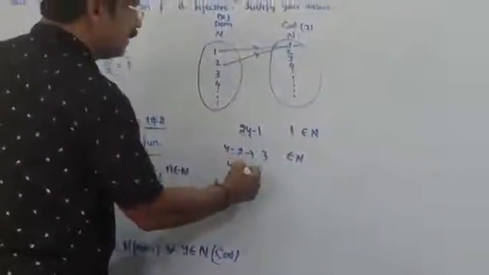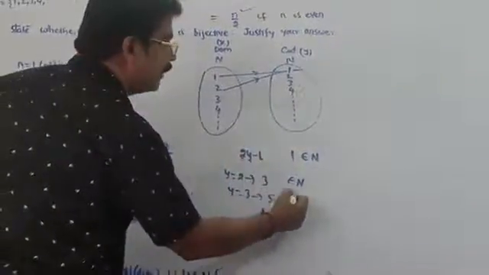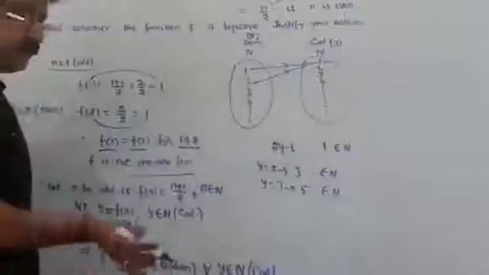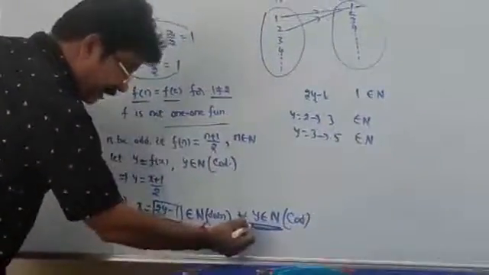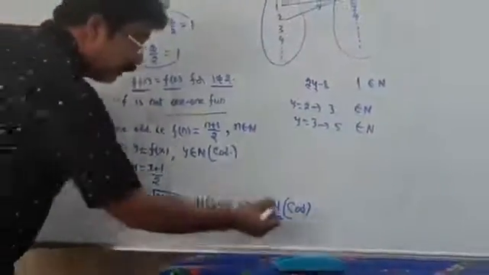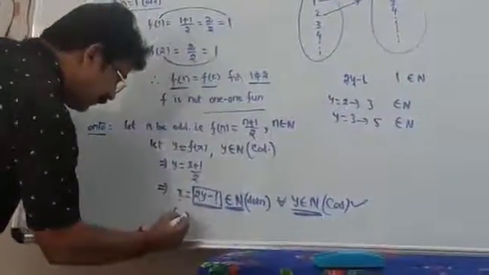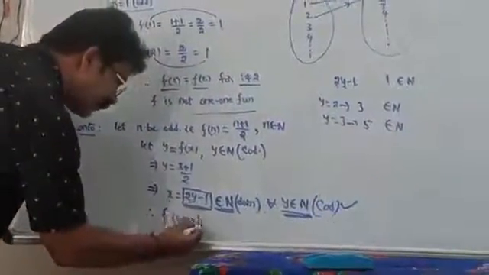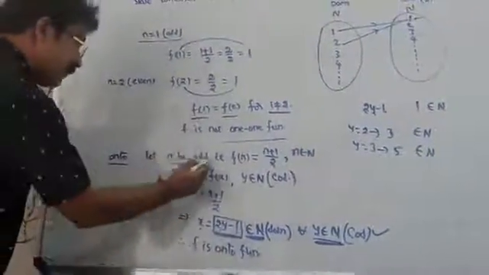Next, y is equal to 3. 2 into 3 is 6, 6 minus 1, 5. It also belongs to natural number. Thus, for all y belongs to natural number, we are getting again natural number here. So, it is correct. Therefore, f is onto function in the case of n is odd.